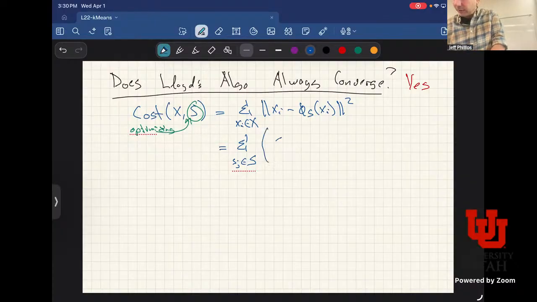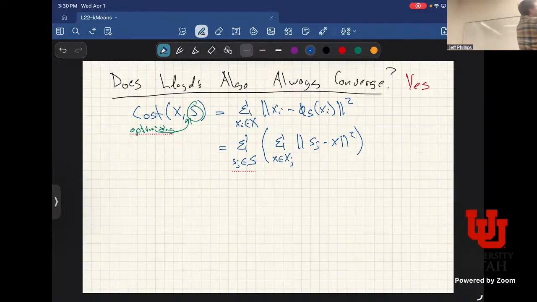So for each site, we can look at x in Xj, for all the points that are assigned to each Sj, we can look at Sj minus x squared. Sometimes it's useful to look at this. Now because every data point is assigned to exactly one site, I'm still summing over all the data points here. And the point I'm assigning it to is the closest point, right? So this is the same cost.